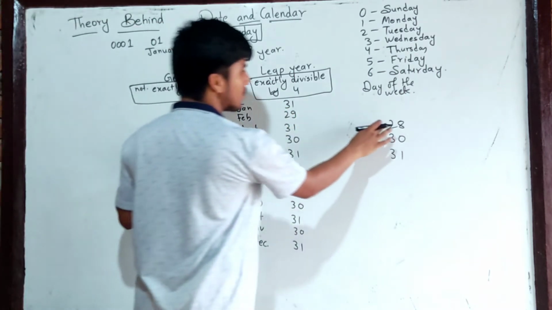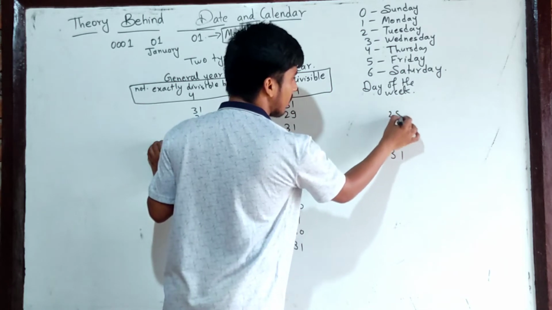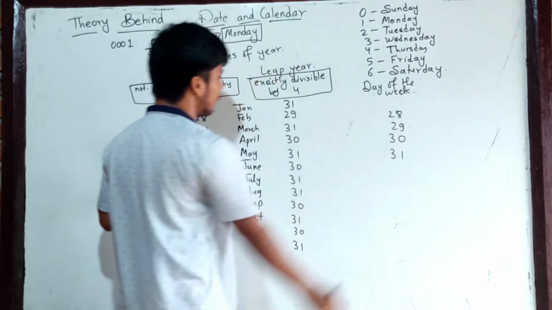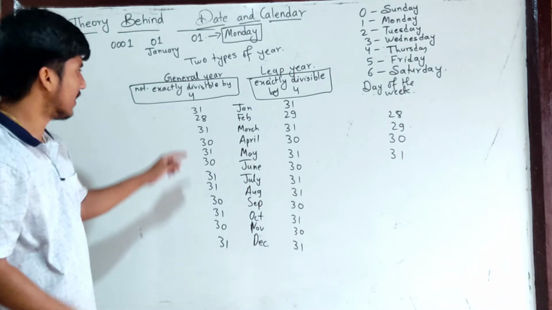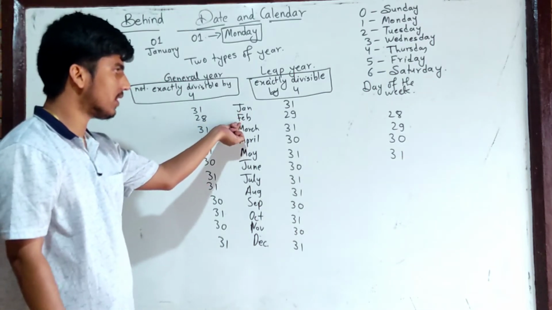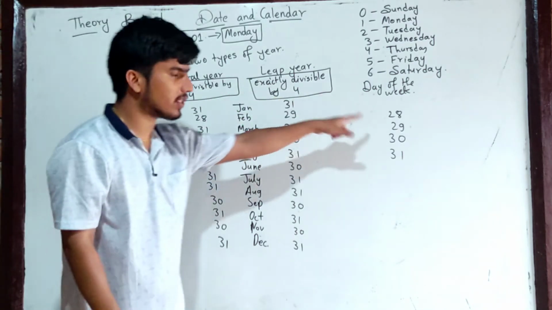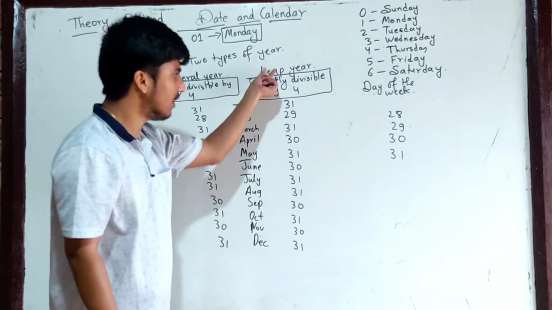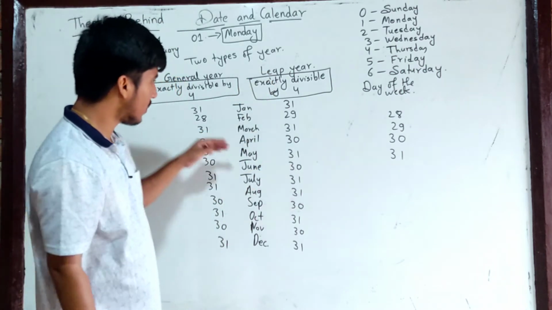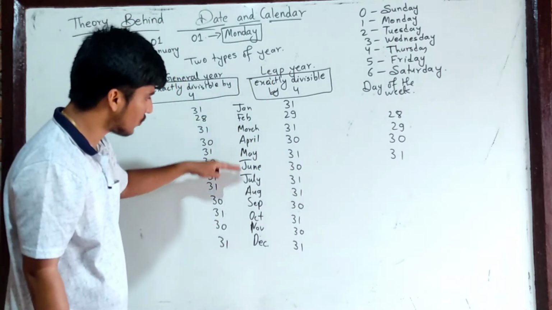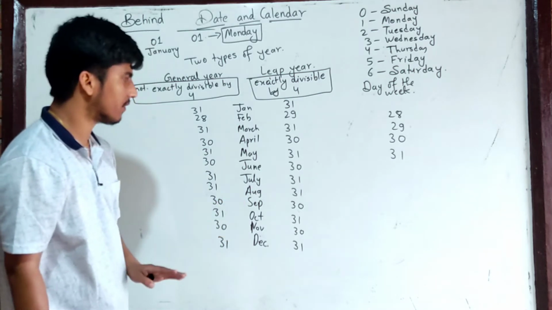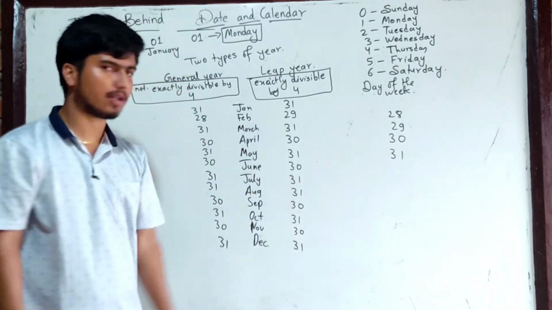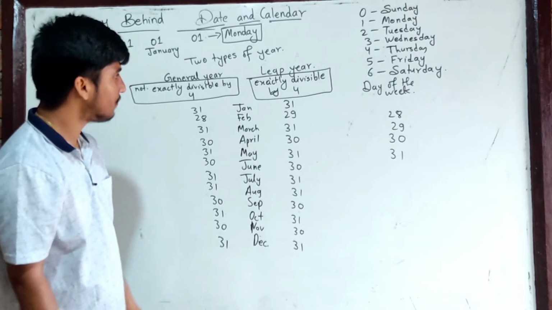So we have 4 possible values for the number of days in a month. 28 is unique to February in the general year, and 29 is unique to February in the leap year, and 30 for April, June, September, November, and 31 for all the other remaining months, right?